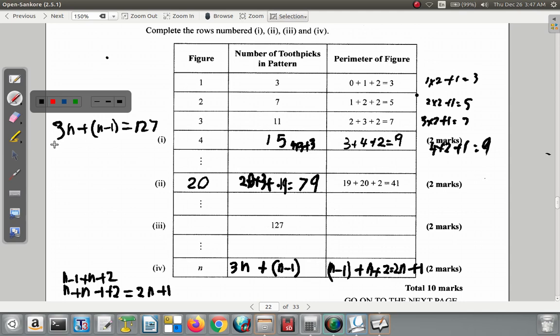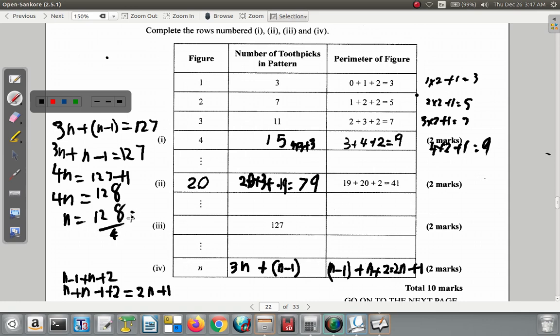So 3n plus the bracket n minus 1 equals 127. 3n plus n is 4n, equal to 127 plus 1, which will be 128. So 4n is 128, so n would be 128 over 4, which is 32. So this would be 32 then.